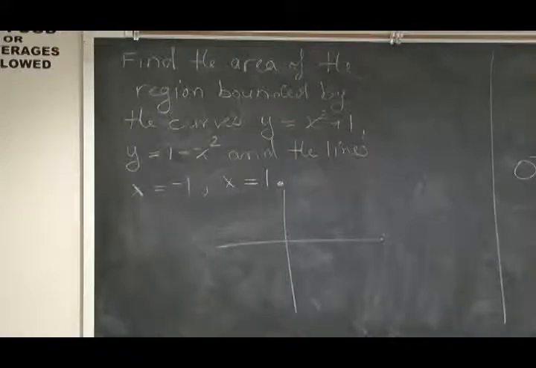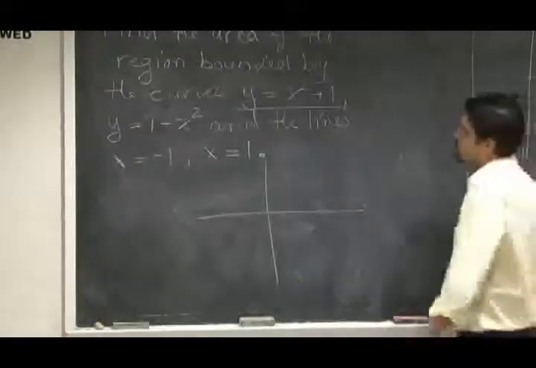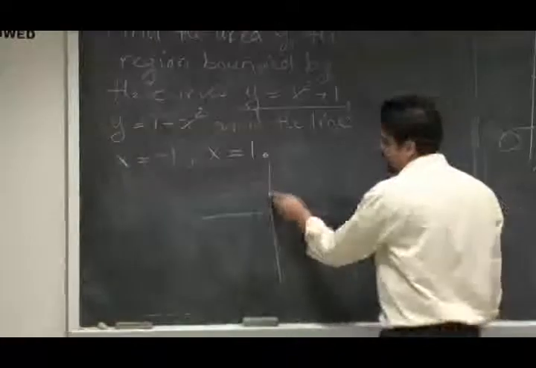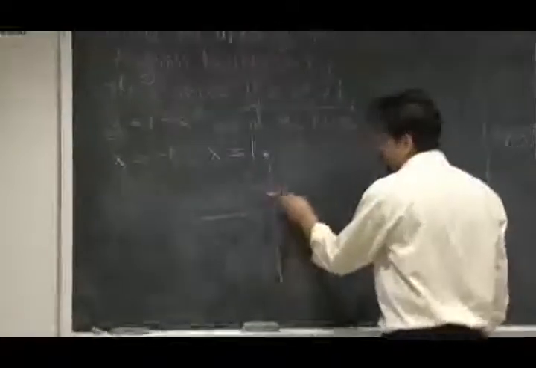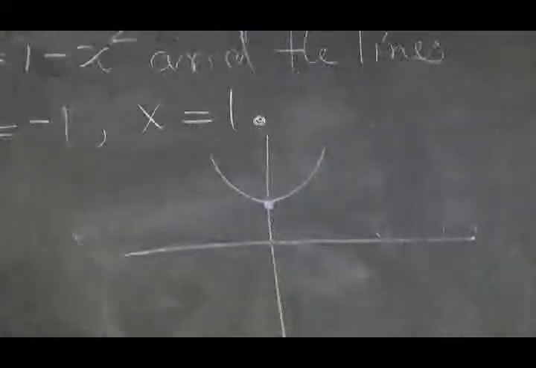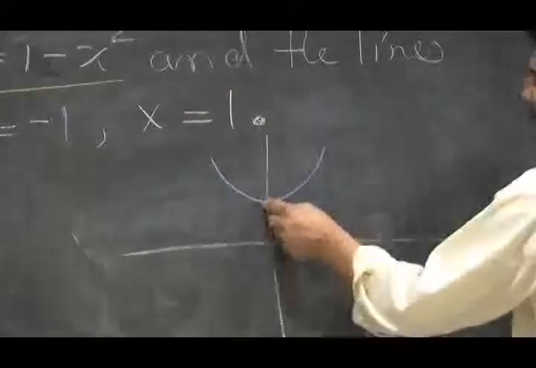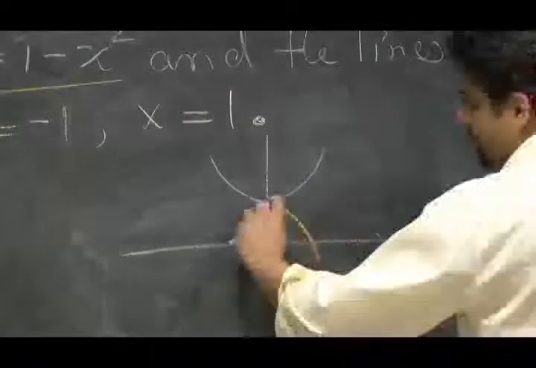Okay. So in purple, we'll draw the graph of y equals x squared plus 1. So the vertex is here. There's a parabola that opens upwards. And the other curve, y equals 1 minus x squared. Again, the vertex is here, but it opens downwards.